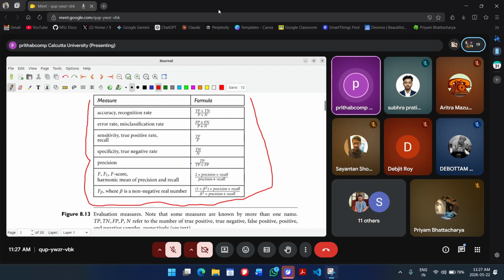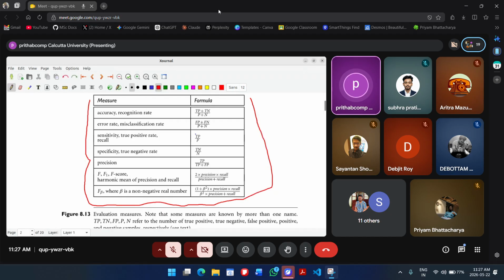So precision is defined to be the number of true positives with respect to the total number of true positives and false positives. And finally, these days, this F score is very important. So this F score, you see, uses this precision and recall.